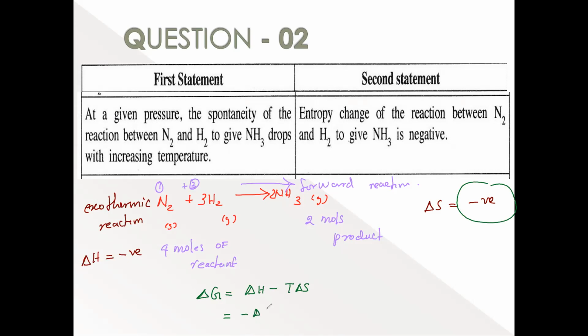So minus delta H, minus T into minus delta S. Your answer is minus delta H plus T delta S. As per the equation, your Gibbs free energy should become less negative with increasing temperature.